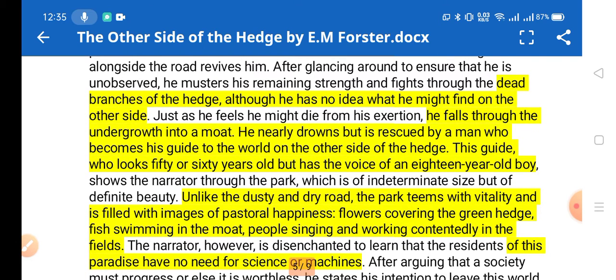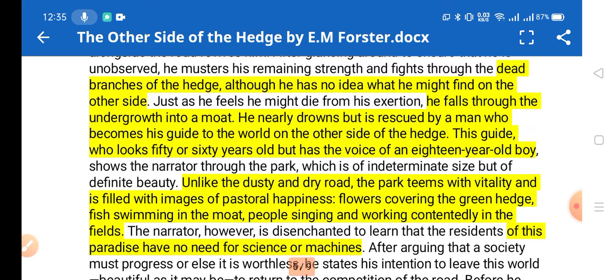So he decided to go to the other side of the hedge. On the way he falls through undergrowth into a ditch, and he nearly drowned, but he was rescued by a man. The man here is the guide, who becomes his guide to the world on the other side of the hedge. This guide looks 50 or 60 years old but has the voice of an 18-year-old boy.